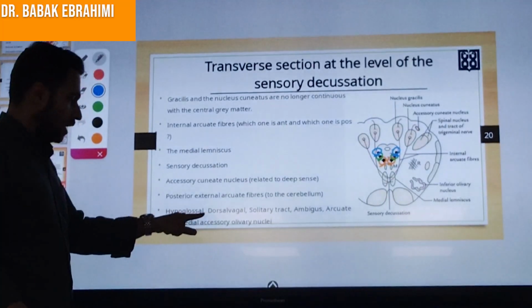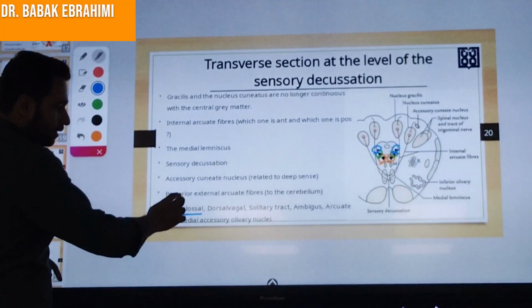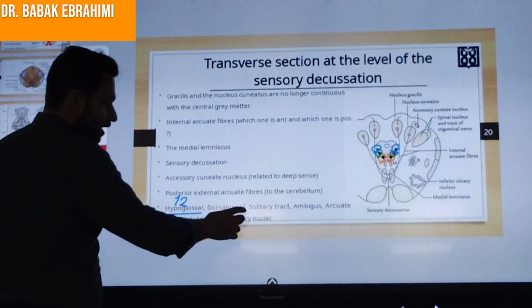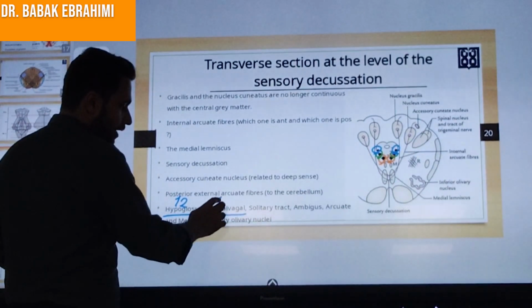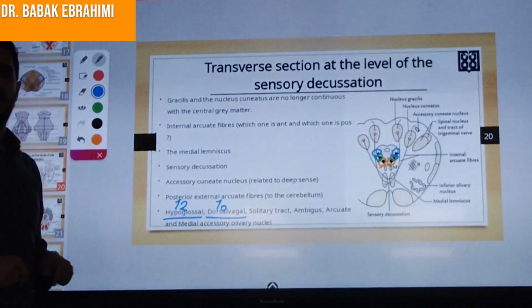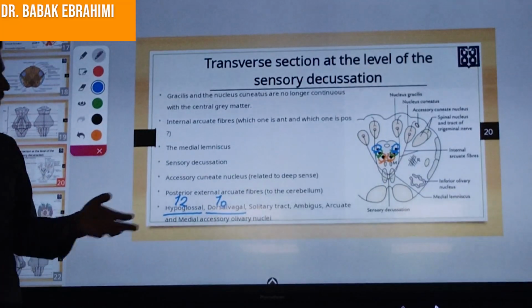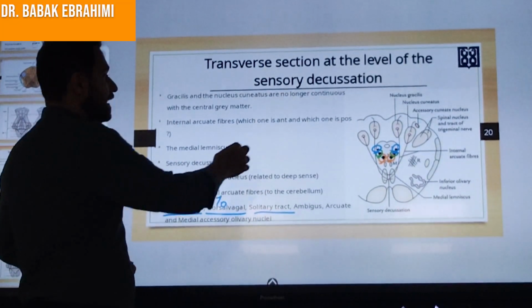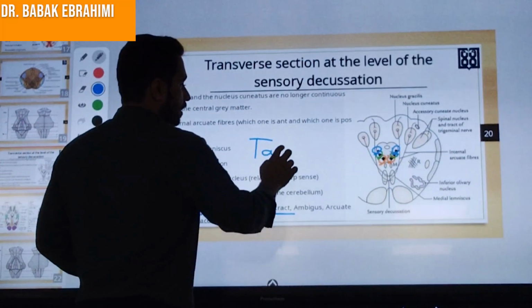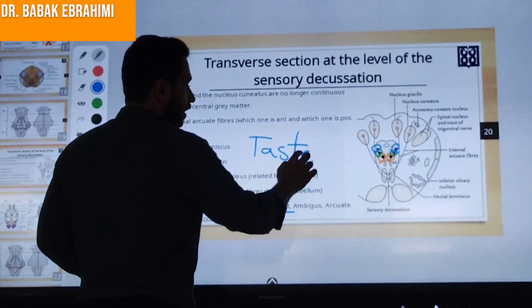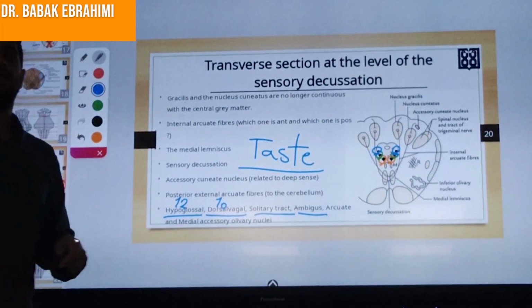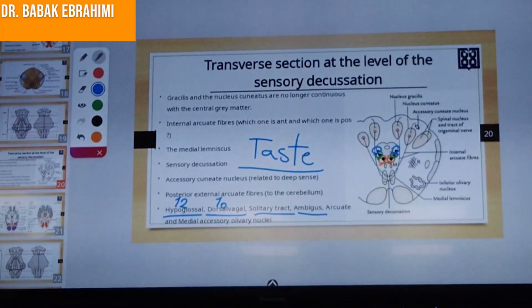The hypoglossal is for making number 12. The dorsal vagal is for making number 10, the vagus nerve. The solitary tract relates to taste. The ambiguous, we call it vocal and swallow.